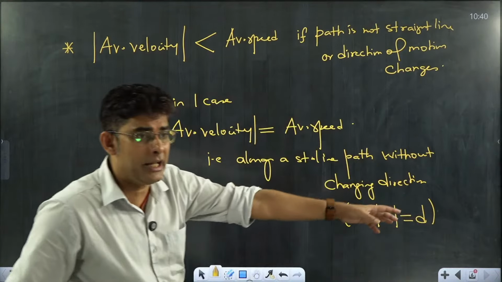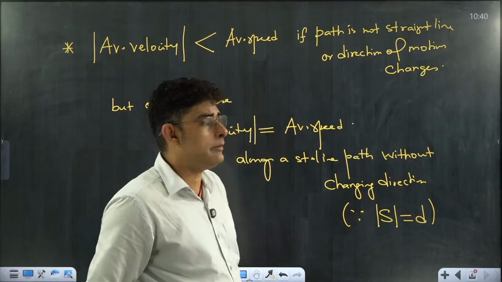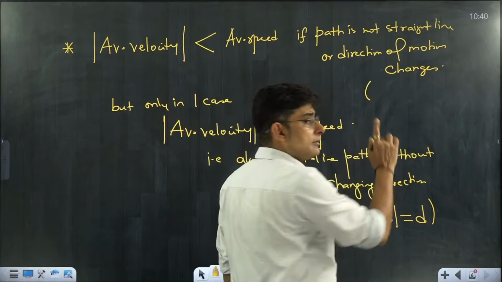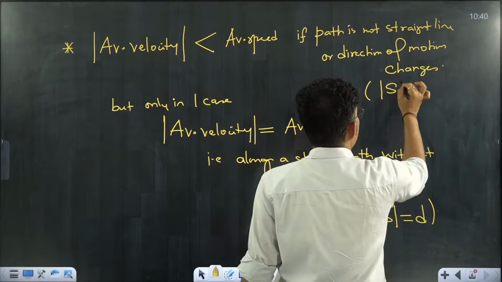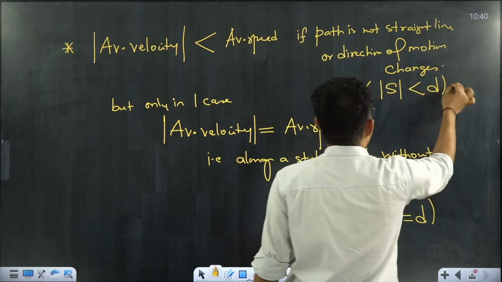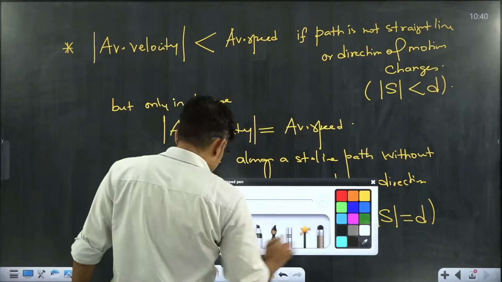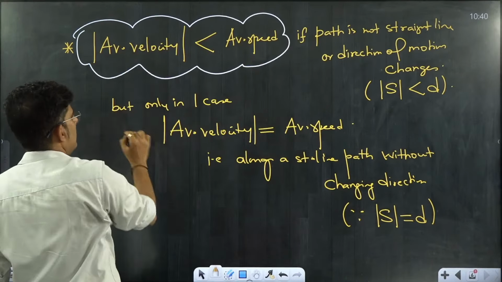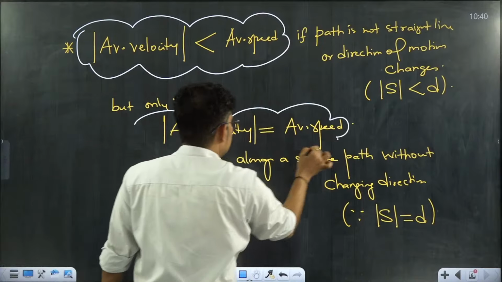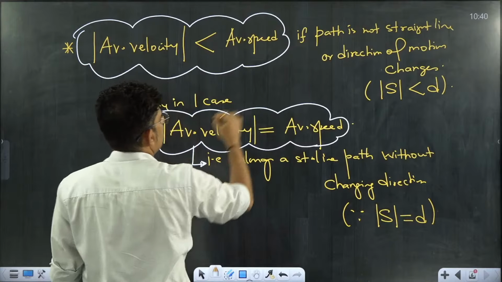When you are on a straight line path, not changing the direction, displacement and distance are same. Otherwise, you know that displacement is called the shortest distance. So in other cases, the magnitude of displacement will be less than distance. So average speed and average velocity are not always equal, but only in one case they are equal, that is mentioned here.